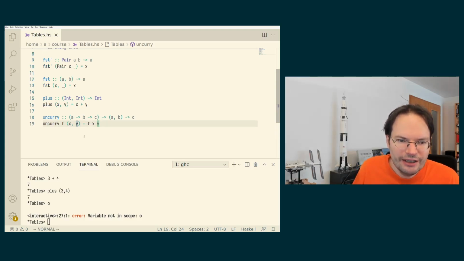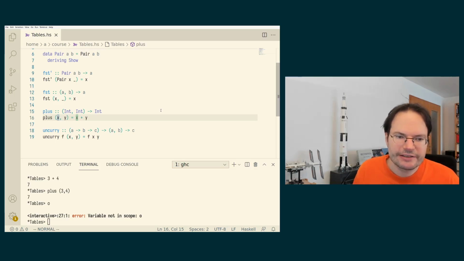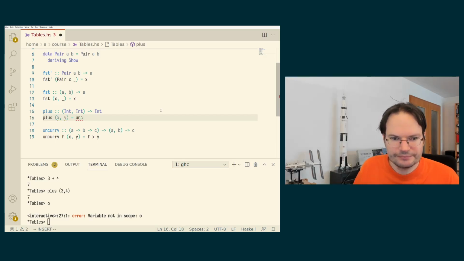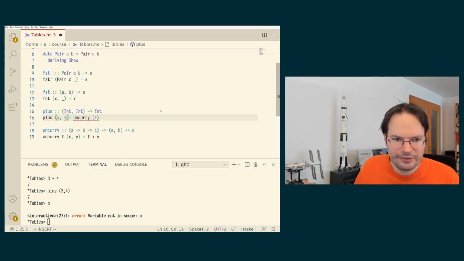And if we have uncurry, we could have been writing plus as a special case of an application of uncurry. Namely, we could have just said plus is uncurry of plus. So actually, perhaps one step more.